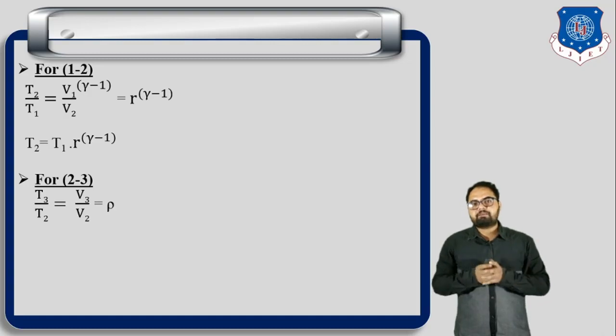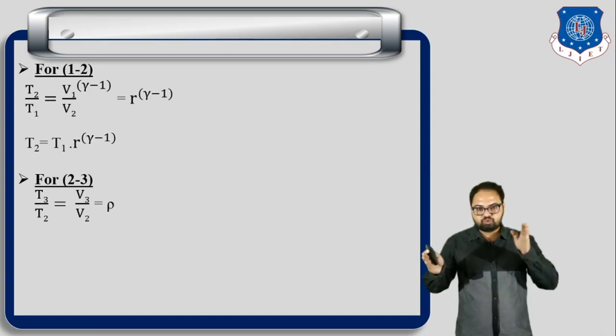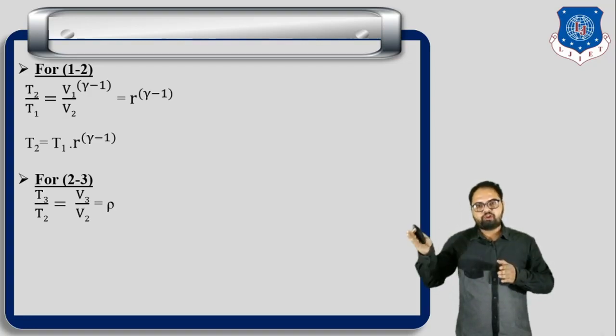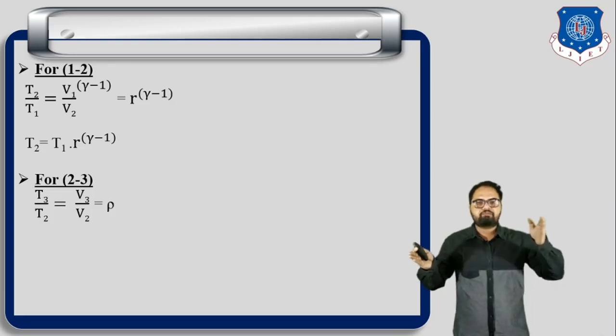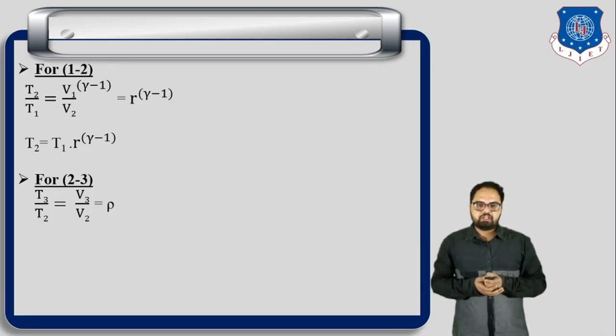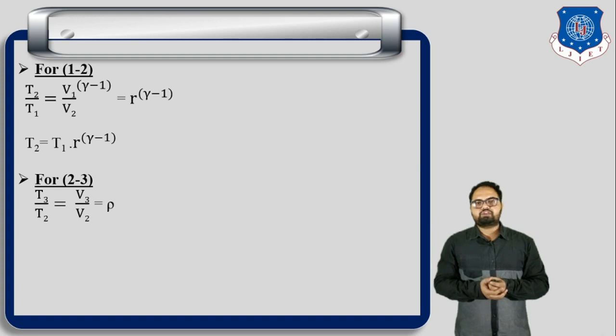So we are supplying the heat between process 2 to 3. Before heat supplied the volume of the air is V2 and after heat supplied it is V3. So the cutoff ratio is V3 divided by V2. So we can write T3 by T2 is equal to V3 by V2 is equal to rho. So the final equation is T3 is equal to T2 multiplied by rho, that is equation number 3.